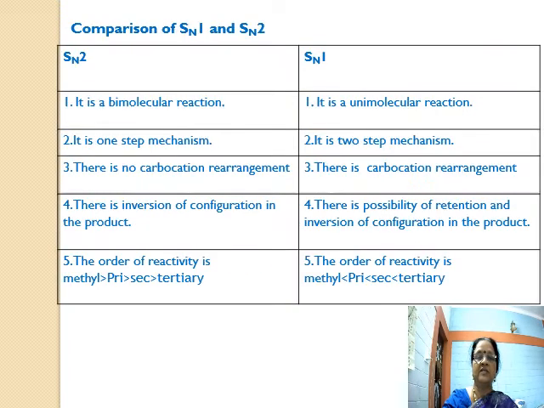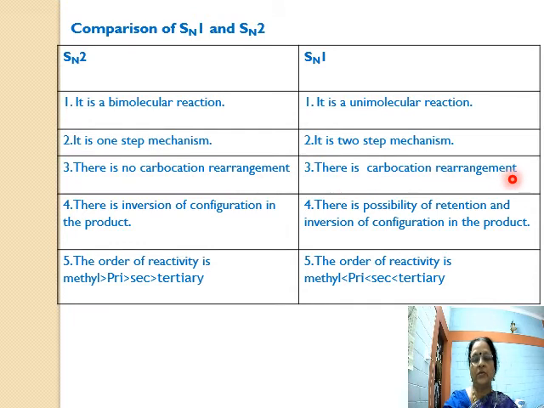And I think with this I complete the SN1 and SN2. This is a tabular column which shows the differences between SN1 and SN2, and I did not discuss it; you yourself can tell. SN2 is bimolecular, this is unimolecular; it is a one-step mechanism and it's a two-step mechanism. There is no carbocation rearrangement, whereas in case of SN1 there is carbocation rearrangement.